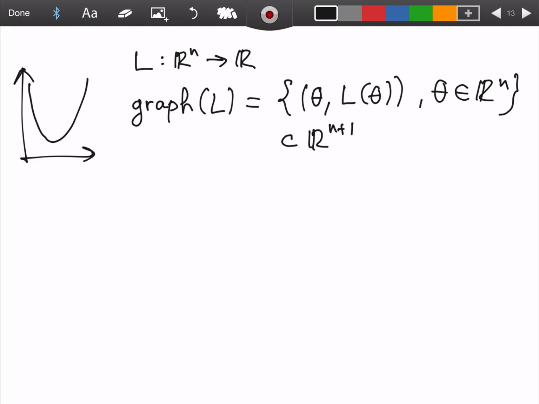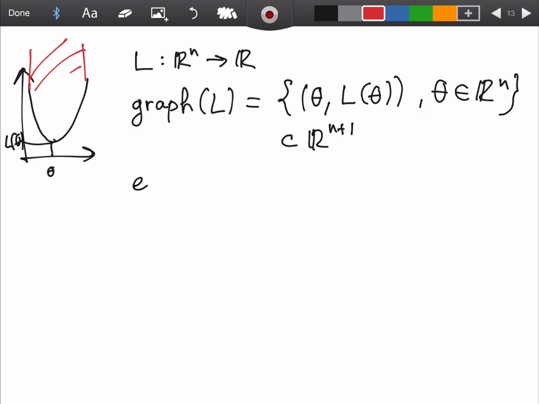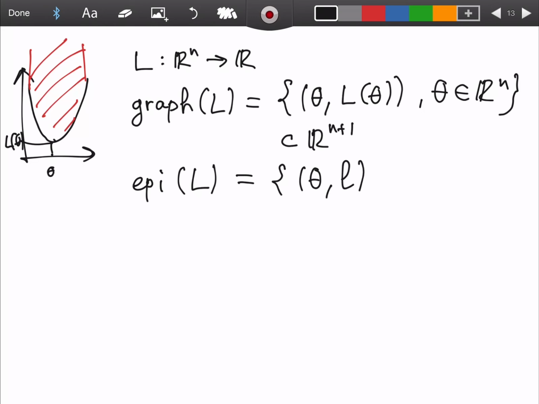Now I will define a set which corresponds to everything above the graph. If we want to be smart, we say above in Greek, and it sounds like epigraph: the epigraph of L is defined as the set of (theta, y) with theta from Rn and y above L(theta).